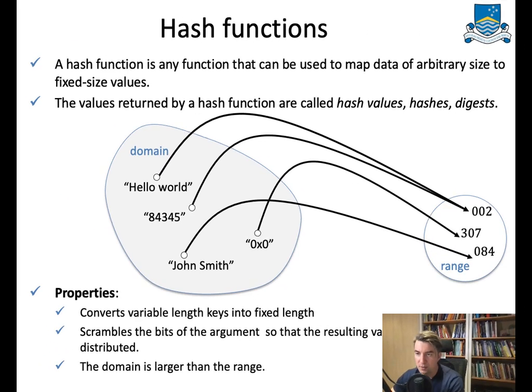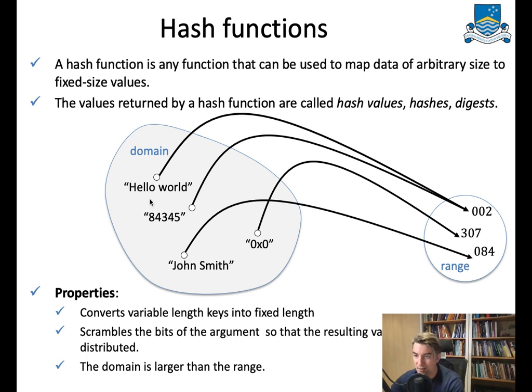As mentioned earlier, a hash function is any function that can be used to map data of arbitrary size to fixed size values. The values returned by a hash function are called hash values, hashes, or digests. Hash functions scramble the bits of the arguments so that the resultant values are uniformly distributed. The domain of a hash function is much larger than the range of that function.